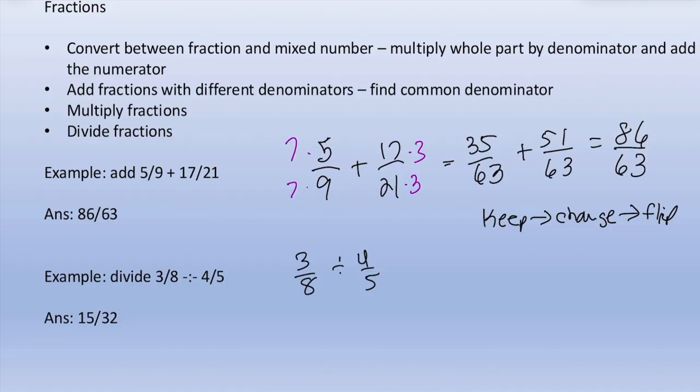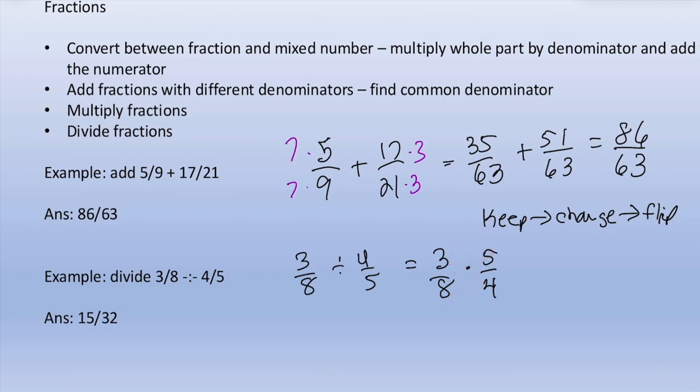As long as they are looking like a true fraction, not a mixed number, you're going to keep the first number, change the symbol to multiplication, and flip the second fraction. And then we can multiply tops with tops, bottoms with bottoms.